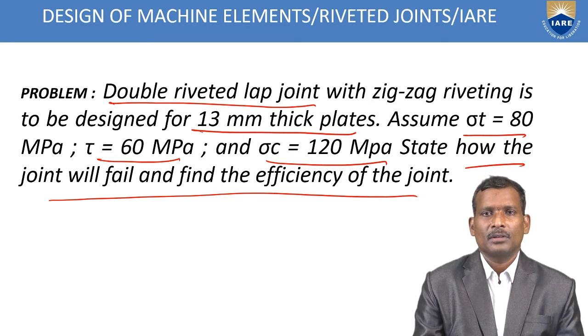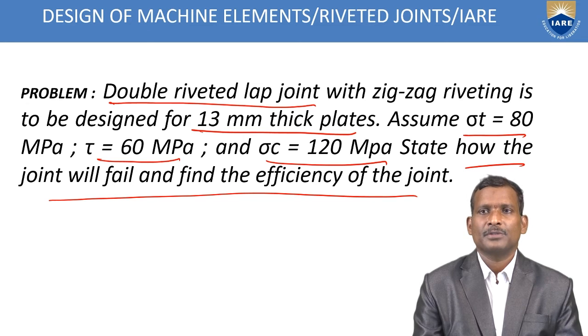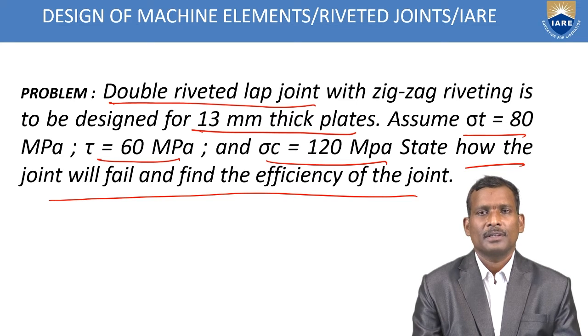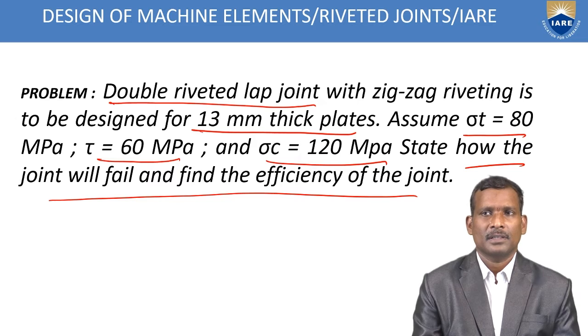Already you know the failures of riveted joints, the strength of riveted joints and how to calculate the efficiency of the joint. We have seen in earlier sessions. But here he has asked for a double riveted lap joint, that also in zigzag riveting.